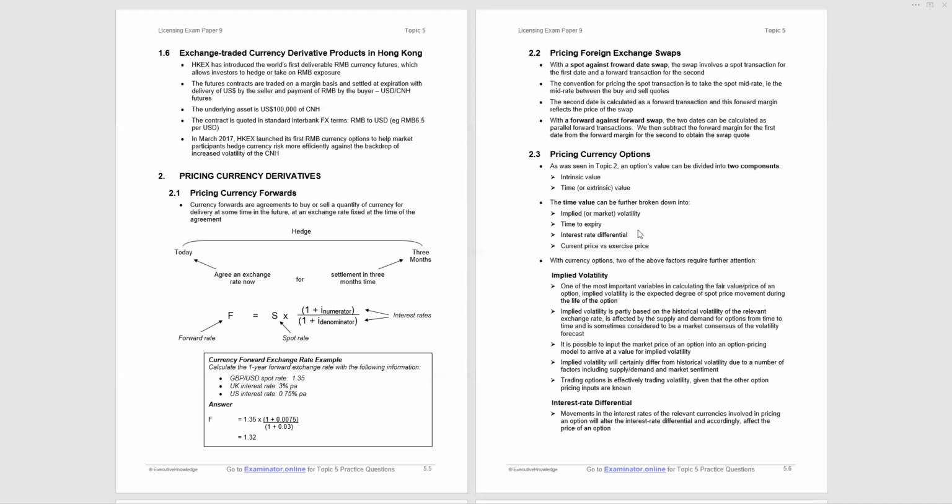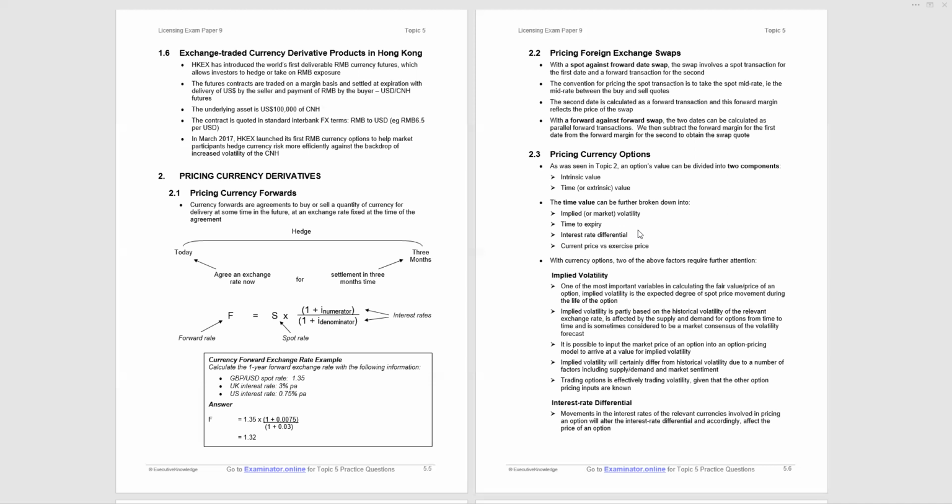Okay, what about implied volatility? Volatility is in the calculation of the time value of the option. It's in the Black-Scholes-Merton model. But if we know the market value of the option, we work backwards and we can calculate what the volatility measure must be to justify that market valuation. And we refer to that as implied volatility.